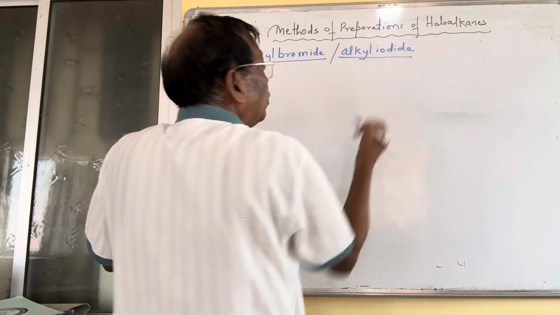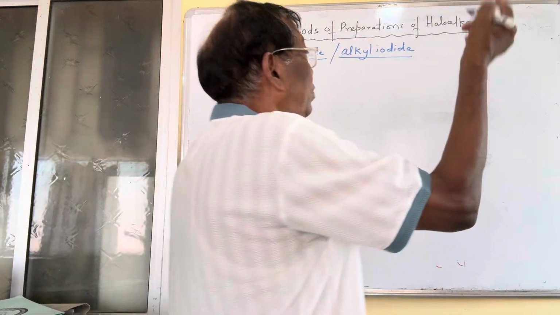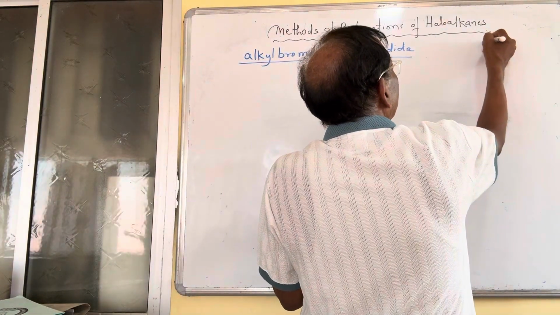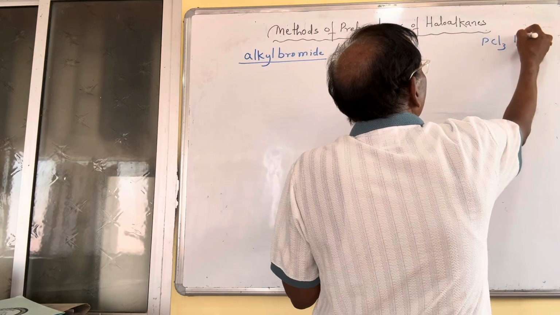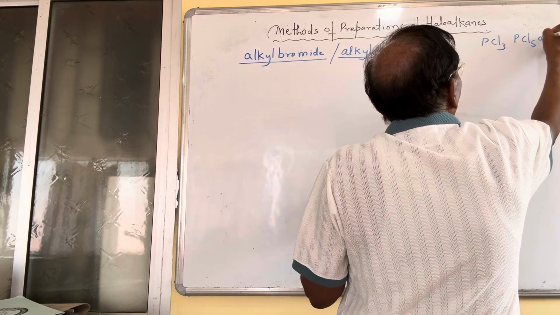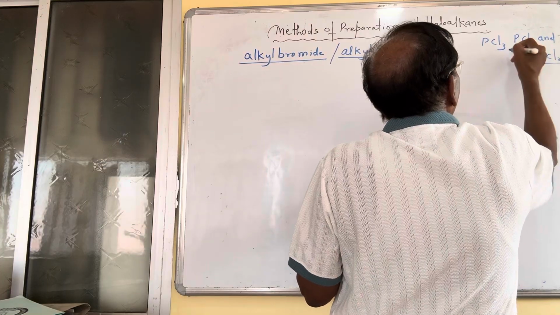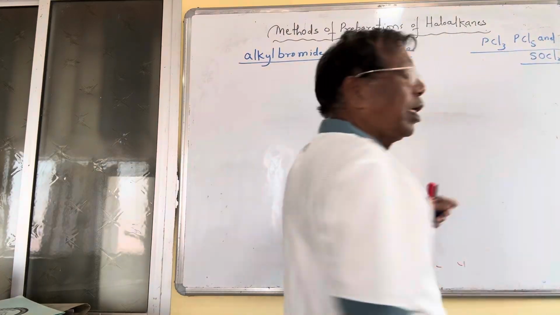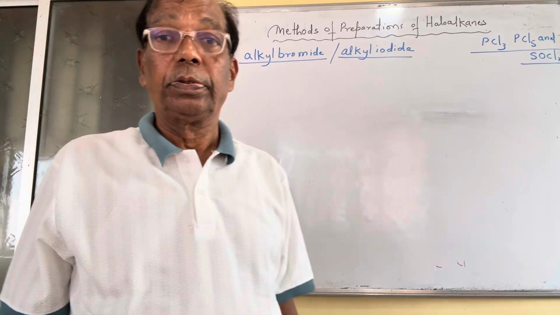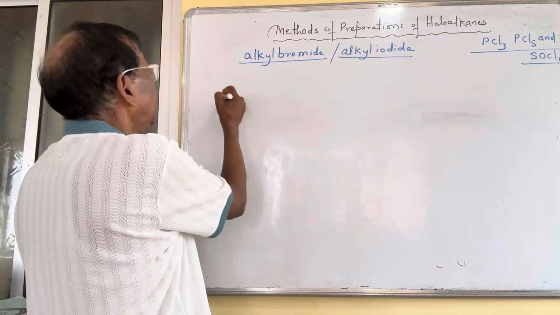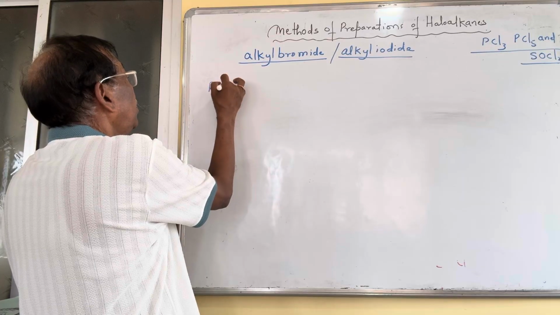Now this is what I was explaining last time. I have explained in my video that PCl3, PCl5 and SOCl2. This one is thionyl chloride, SOCl2. So based upon this, I am now going to explain ROH.